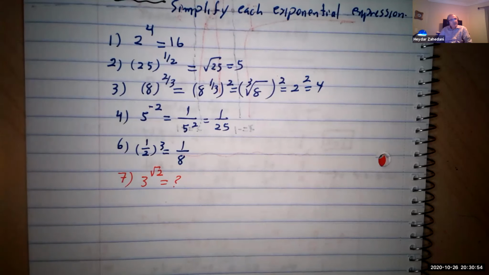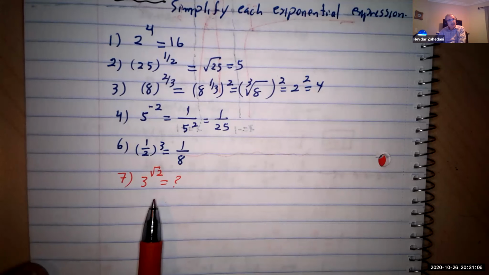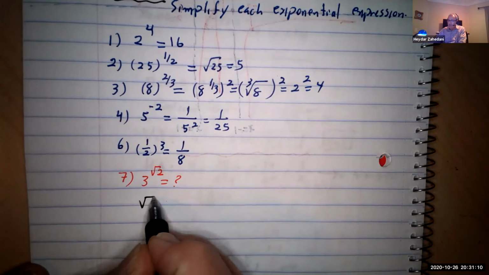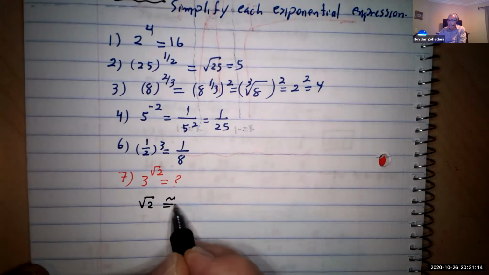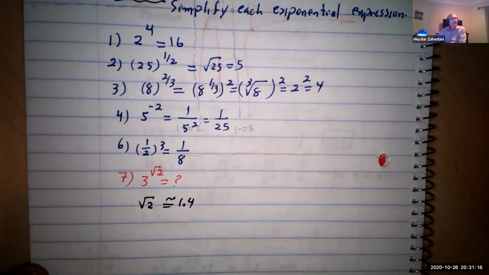Now, the situation with this 3 to the radical 2 is we cannot do it exactly, okay? But we can estimate it because radical 2 is not a precise number, okay? So to answer this one, we say, oh, this is it, radical 2. Radical 2 is approximately 1.4.